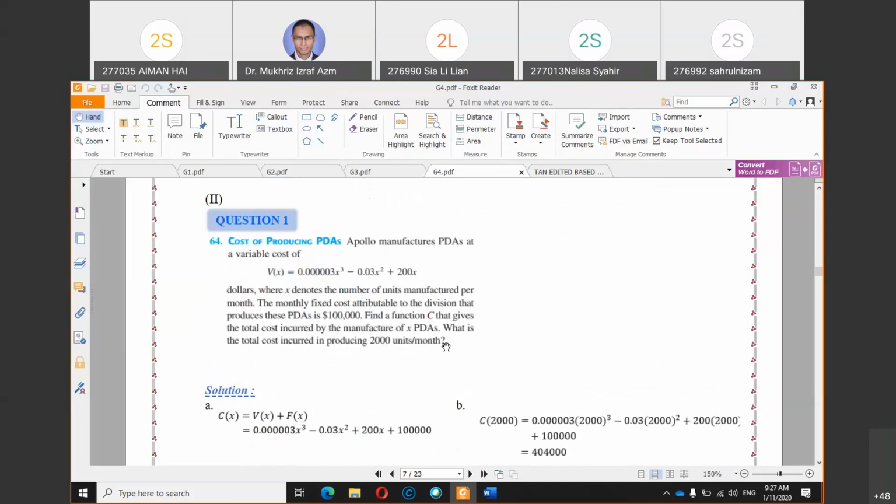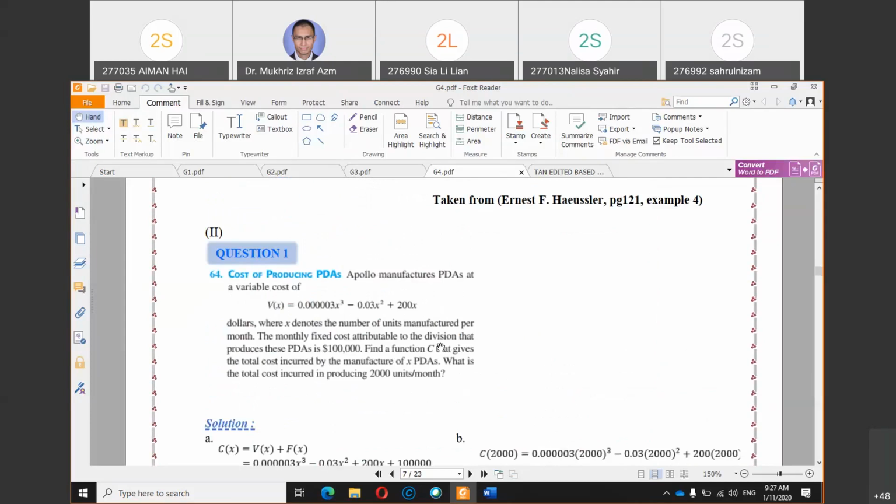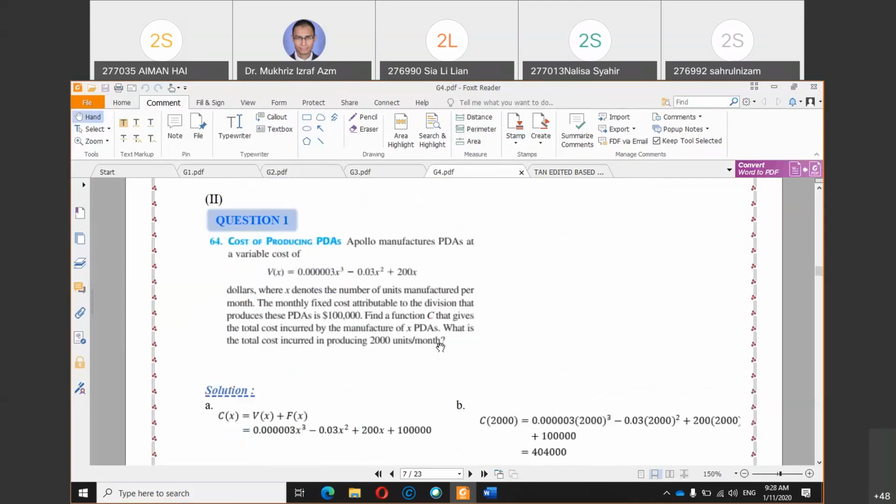This question is about a given variable cost of Bx. The question asks us to find... I think I already asked this question of group number 3. Yeah, 40,400. Same one.